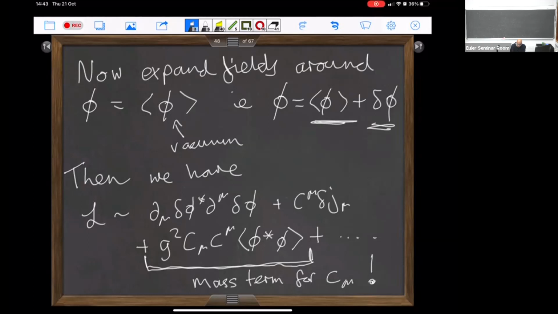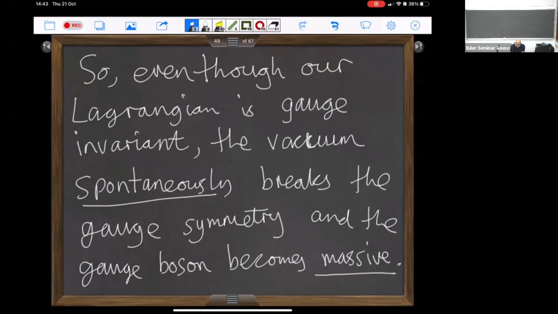But the nice thing is that our Lagrangian is gauge invariant, but the vacuum state of that Lagrangian has broken the gauge symmetry and given the gauge boson a mass in a Lorentz invariant, gauge invariant system. So that's really beautiful, and that's the essence of how the problem of mass in the standard model gets resolved.